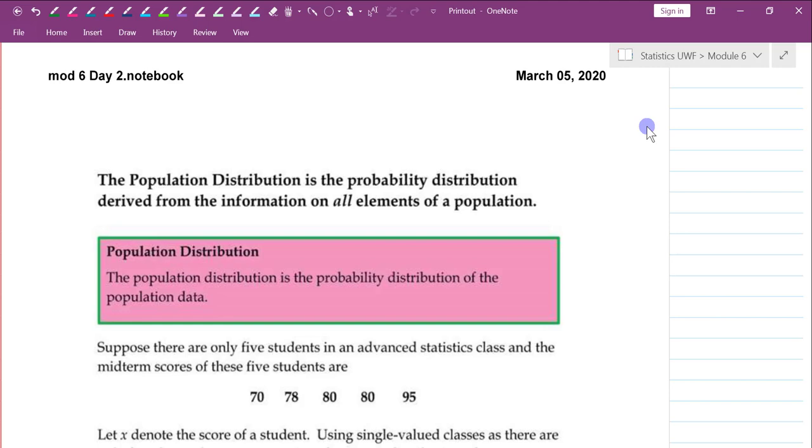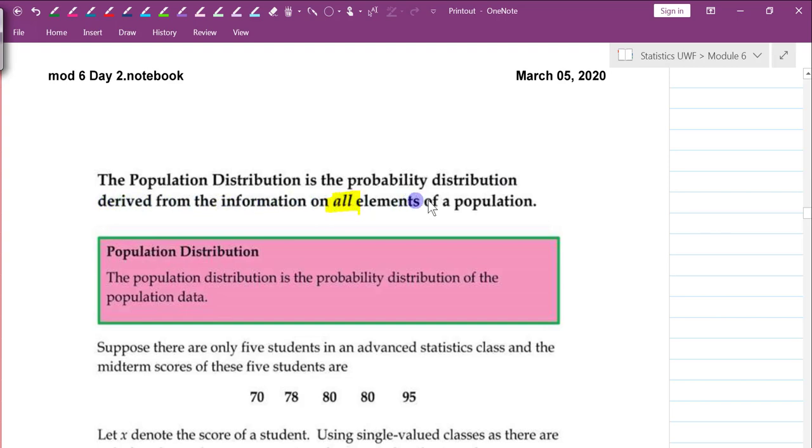Well, that's what we're going to be talking about right now: randomly selecting a sample and determining the probability of the mean being a certain value as opposed to an individual. So that's where we're headed. It says the population distribution is the probability distribution derived from the information of all elements of a population.